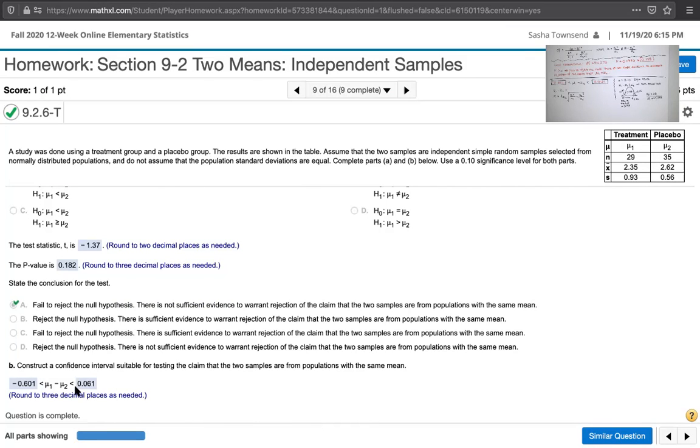So if I were using this confidence interval to test the hypothesis, I would not accept the null, but I would fail to reject the null, which is exactly the same conclusion that we got using the p-value method above. So either way, we're getting the same answer, which is what we would expect.